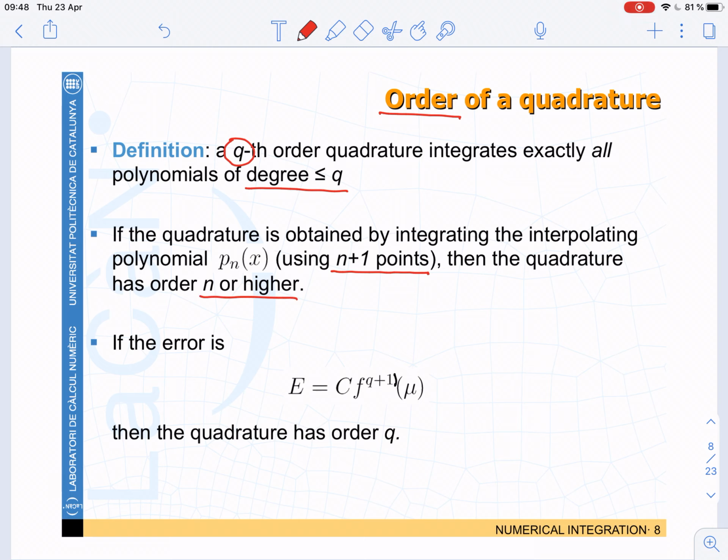Second idea, if we can establish that the integration error of a quadrature can be expressed as some constant times the derivative of order q plus 1 at some intermediate point mu in interval ab, then we are sure that the quadrature has order q, simply because a polynomial of degree q has derivative of order q plus 1 identically equal to 0.